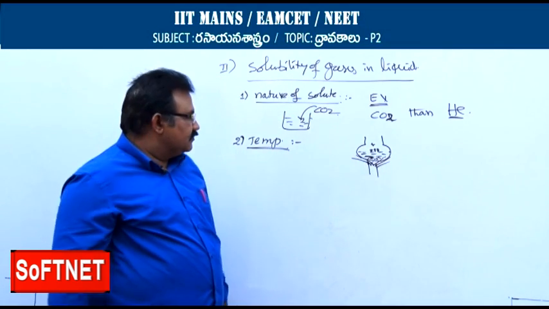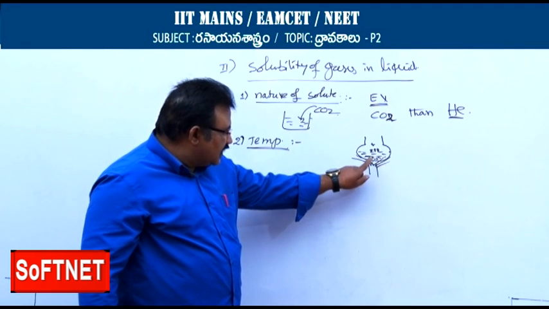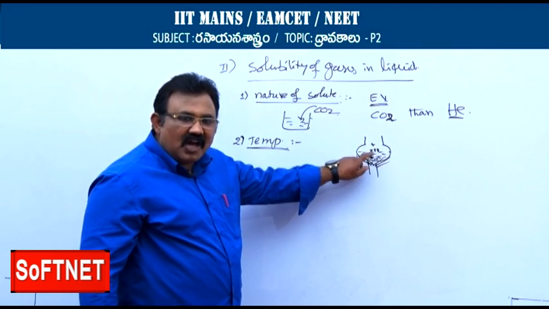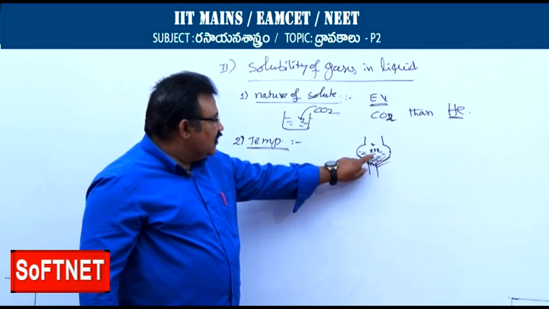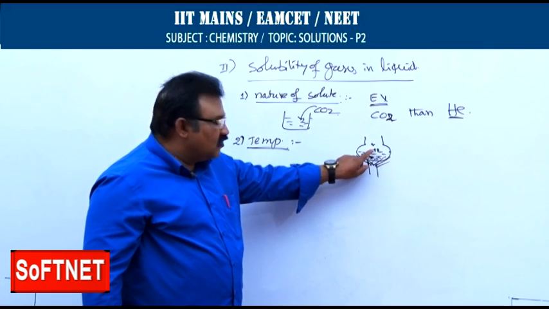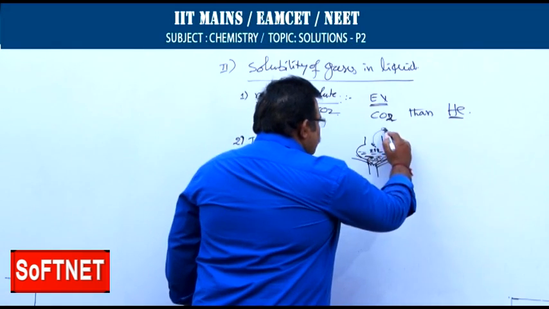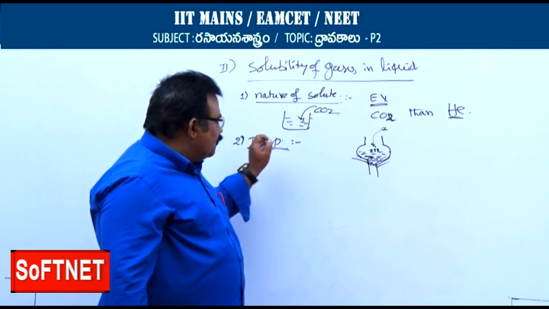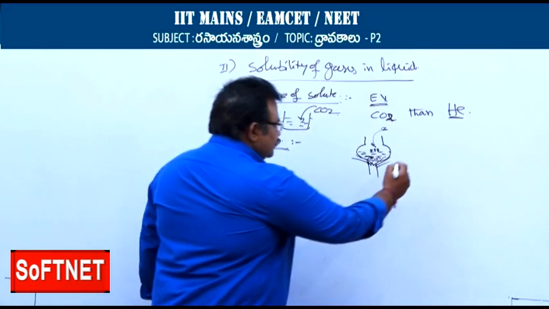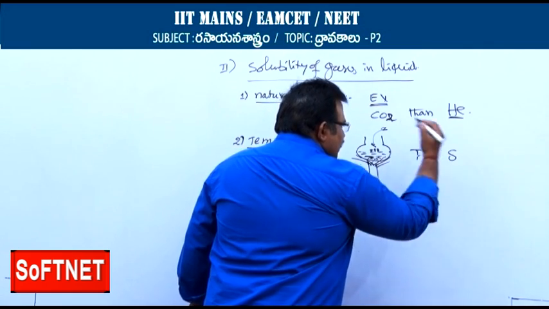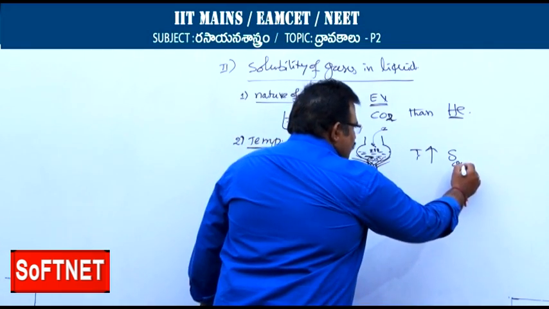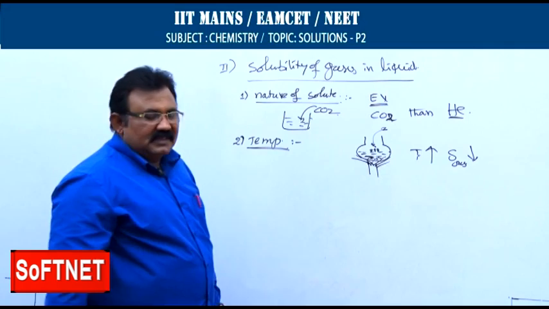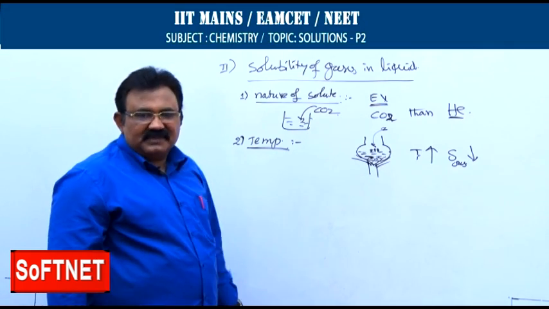When a liquid is heated, whatever gases are dissolved in the liquid will come out as bubbles and escape from the vessel. That means as temperature increases, the solubility of gas in that particular solvent decreases. This can be applied to any type of gas.